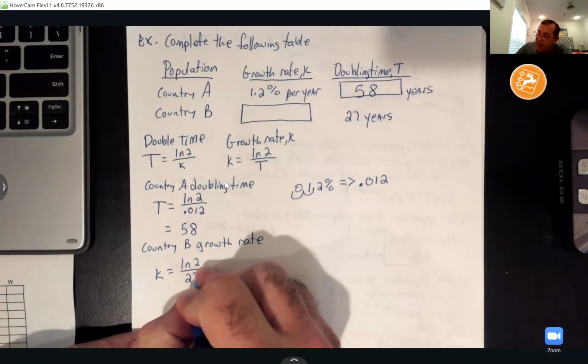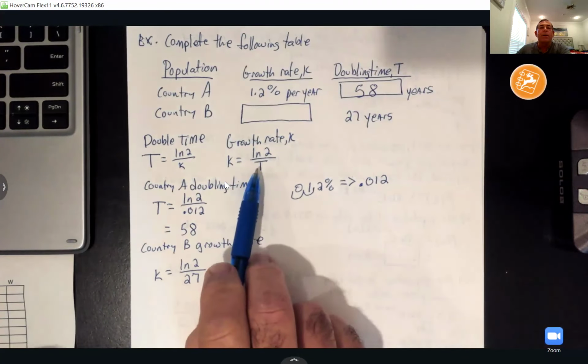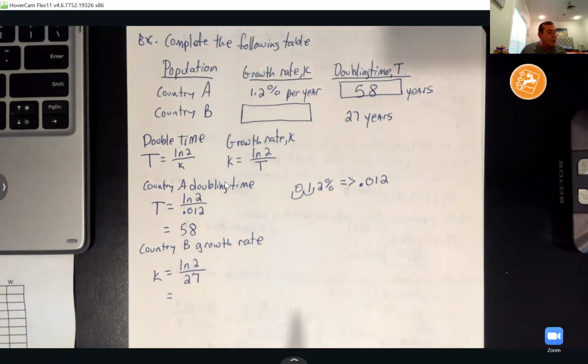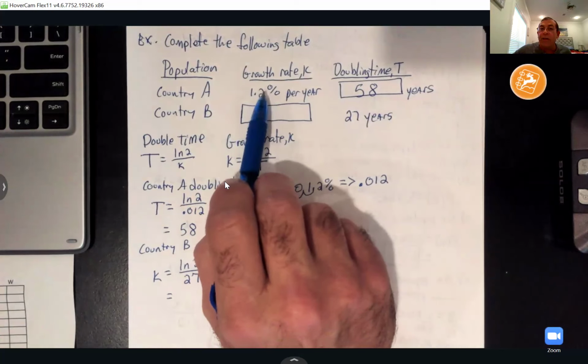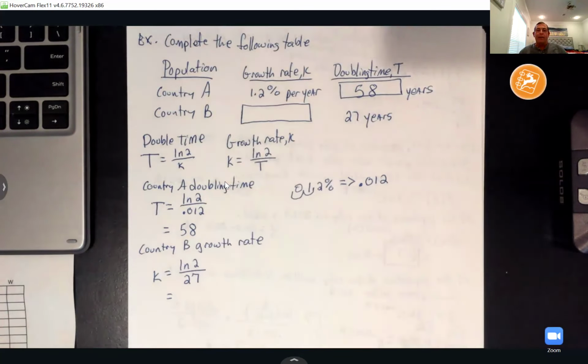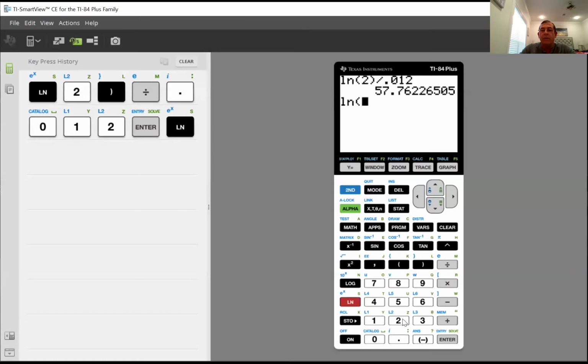So 27 goes in for the T, okay? Now, on this one, we're going to round to one decimal place, just like their growth rate was, okay? So let's go back in the calculator. It will be ln of 2, close parentheses, divided by 27, which was my doubling time.